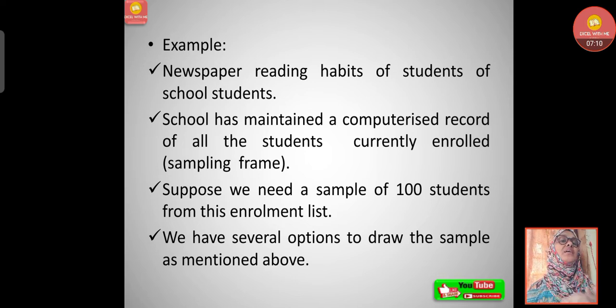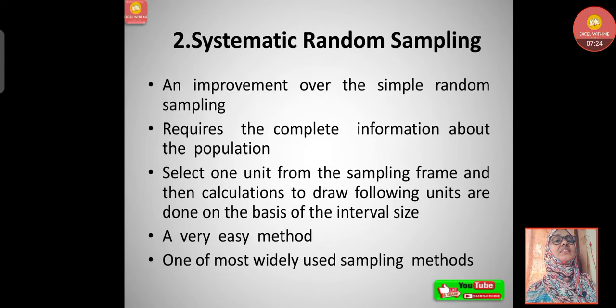Suppose we need a sample of 100 students from this enrollment list. We have several options to draw the sample as mentioned above. I told you, tossing the coin maybe, or blindfolded, or lottery system, dice system.